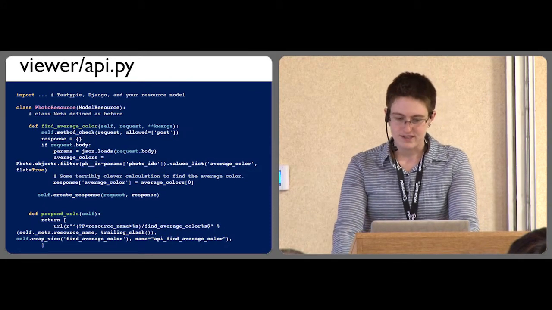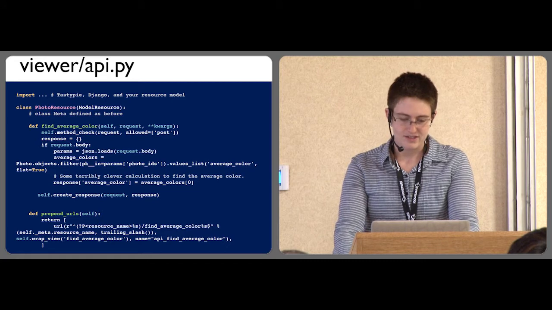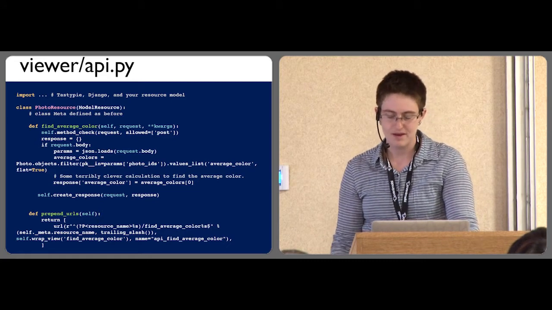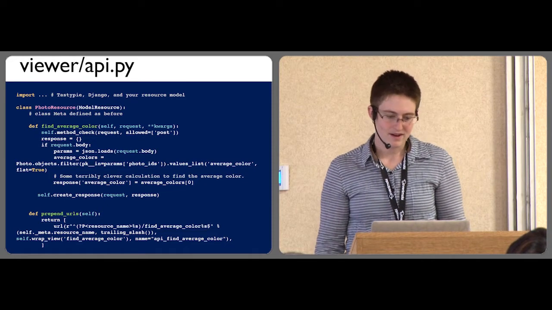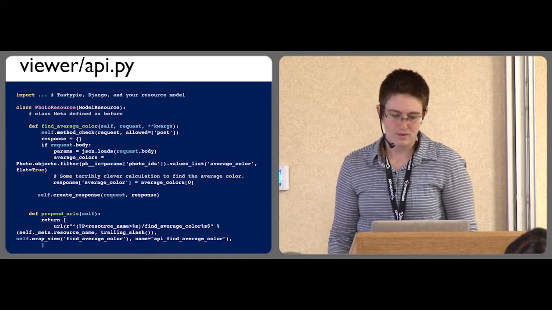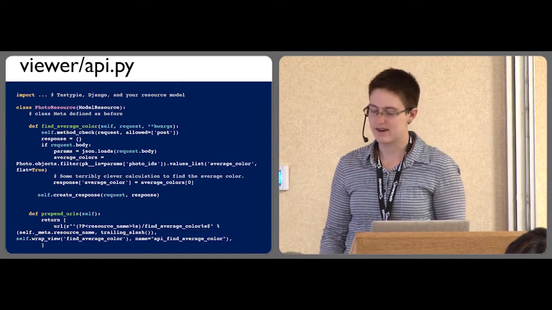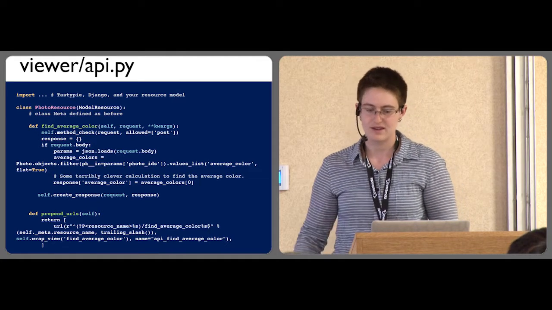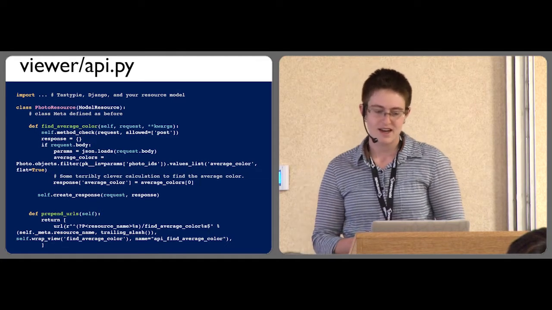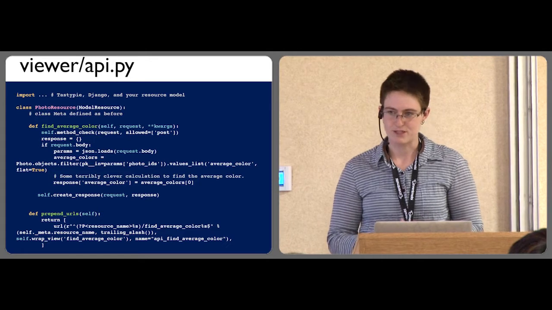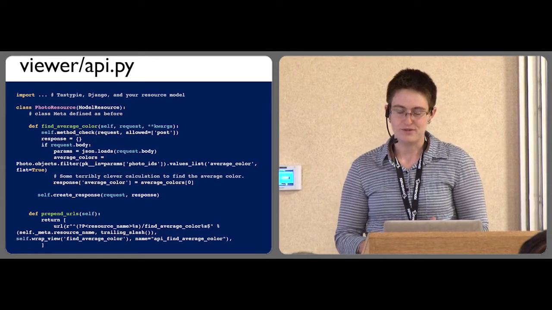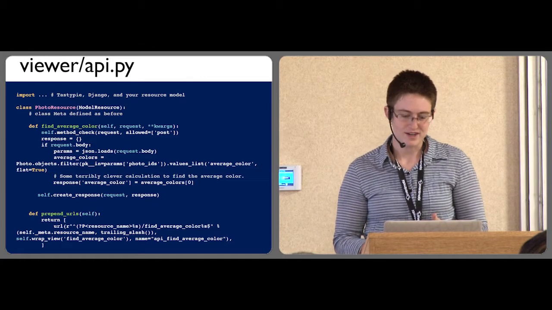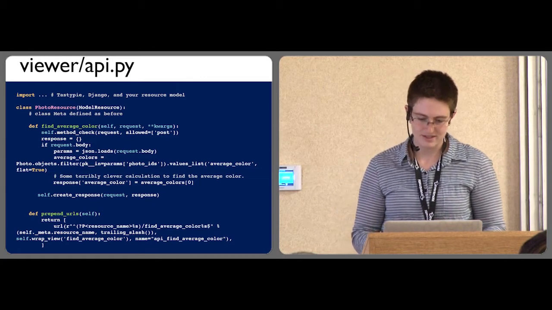We're going to go back to API.py, and we're not going to change anything about the model resource definition. But we're going to add another method, find average color, where first I'm going to check that this really is a post request. Going to give myself an empty response object. If request parameters are available, then I'm going to find the average colors of all the photos that I have passed in as arguments.